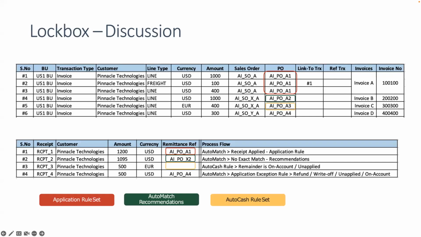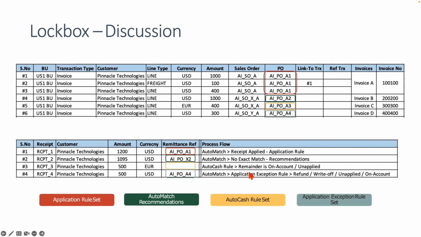And then you have the auto cash rule set. It's got $500. There's no remittance reference. So what it will do is try to match this because it's got a euro value. It will try to match it to this one.